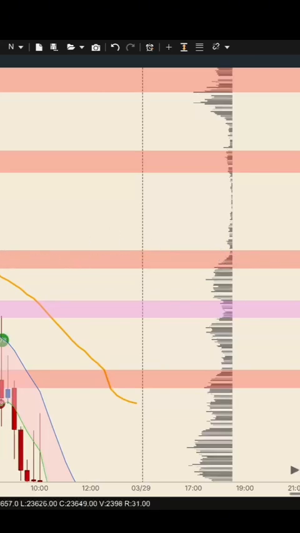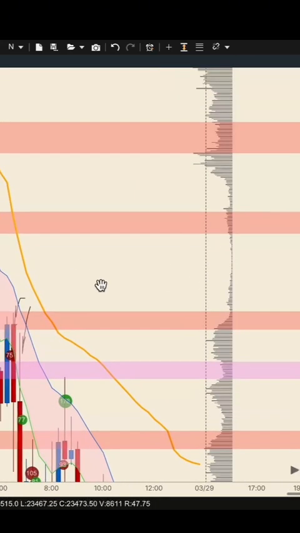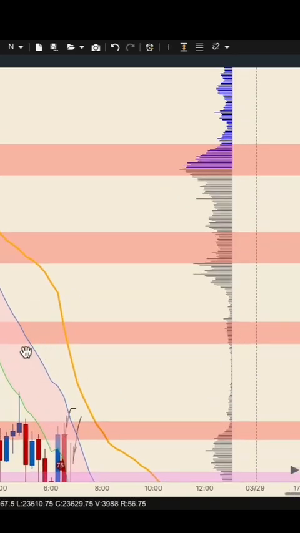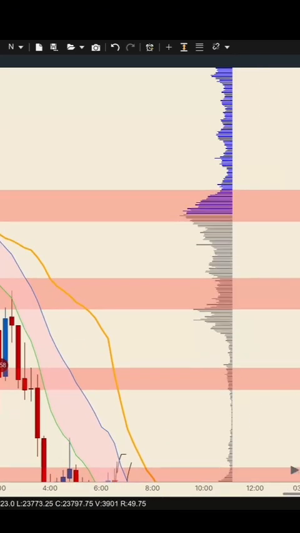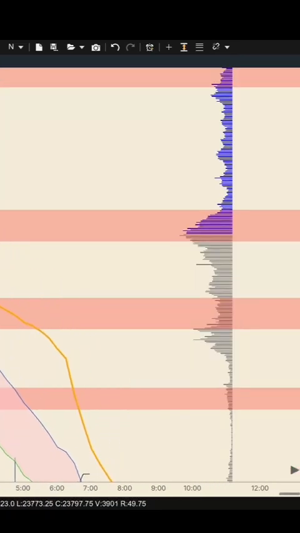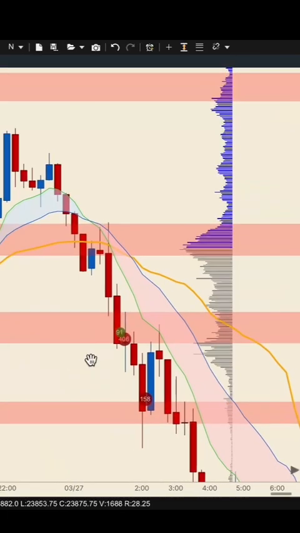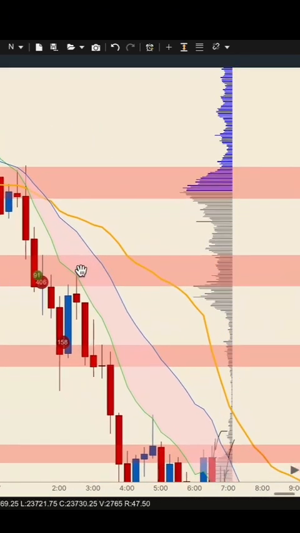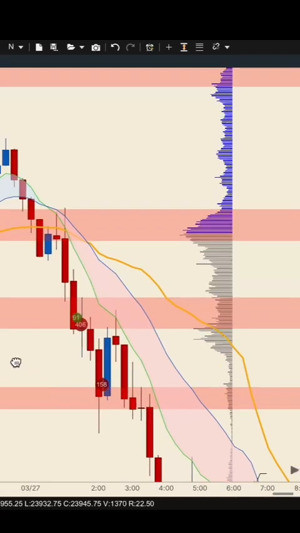Shelf and a resistance. And then kind of the same thing here, just a resistance here. And then this was a nice resistance: it was a support, and then we broke and retested, so it became resistance.